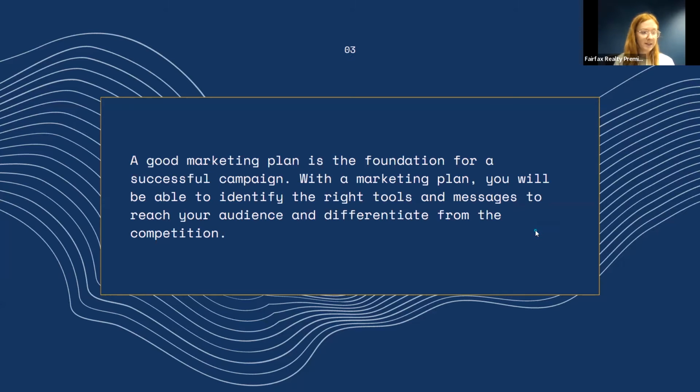Good marketing plans can actually set you up for success, allow you to identify the right tools, find the correct message, and effectively reach your audience. This allows you to better serve your clients or differentiate yourself from your competition a little bit better. With a marketing plan, you'll be able to do all of these and more, and it will help you create a more successful campaign when actually sending these things out.